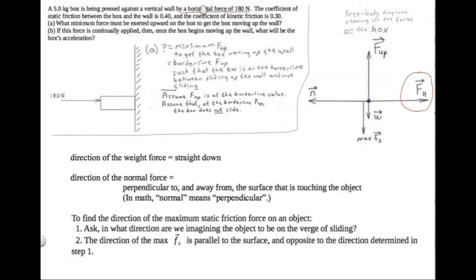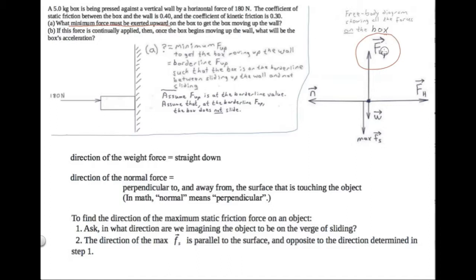The direction of the horizontal force was given in the problem. It was referred to as a horizontal force of 180 newtons, and in the sketch that we were provided, we can see that the horizontal 180 newton force points to the right. So here we show the horizontal force pointing to the right. And part A refers to another force that's being exerted upward.